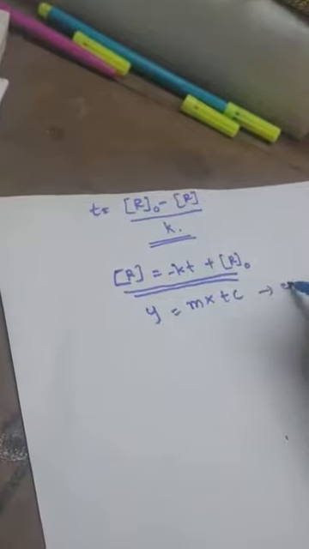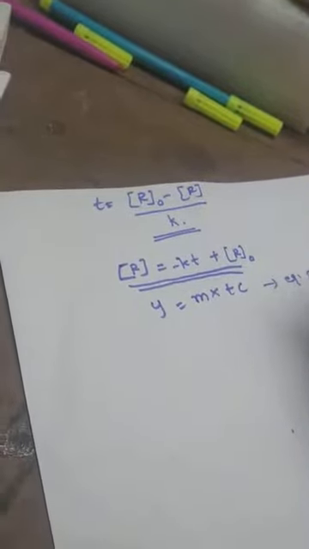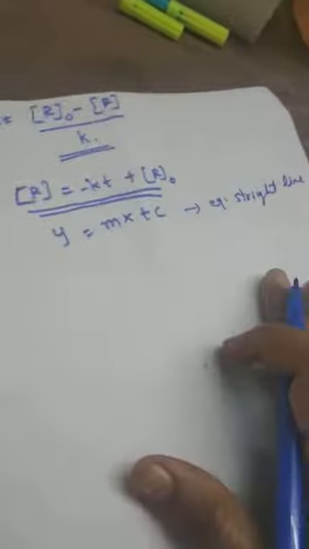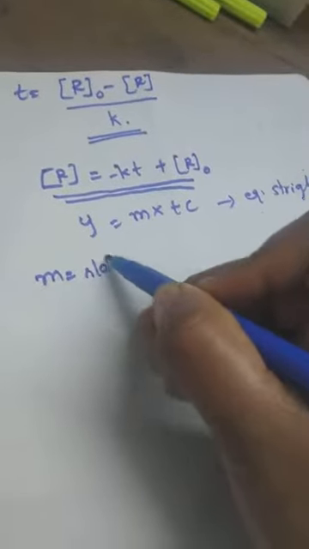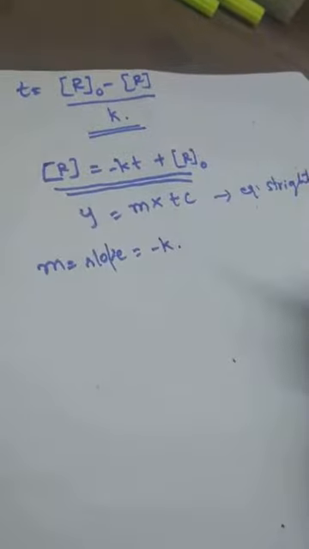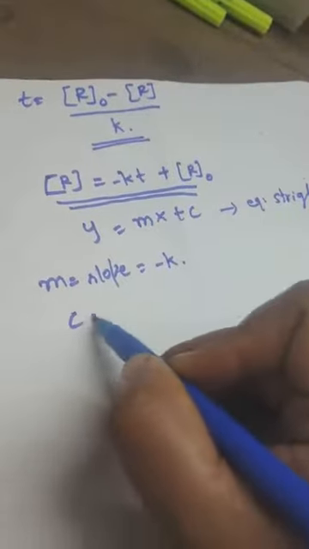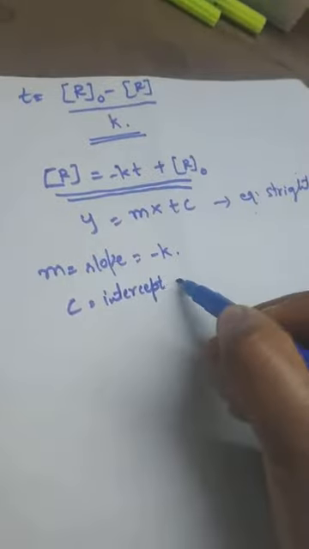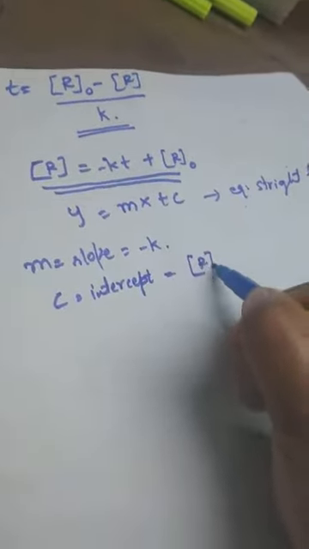So this is the equation of a straight line. Where m is the slope, and that is equal to minus K here, and c is the intercept, which is equal to R naught.